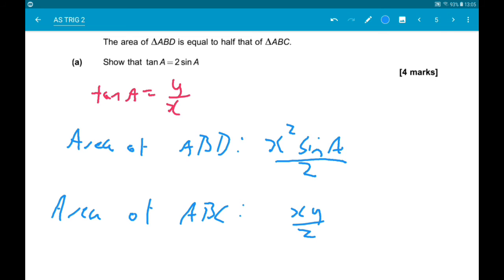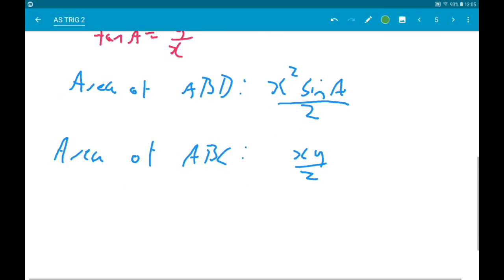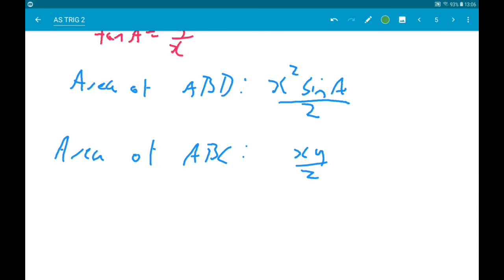So, we can say then that x squared sine A over 2 is equal to 1/2 of xy over 2. So that's xy over 4.